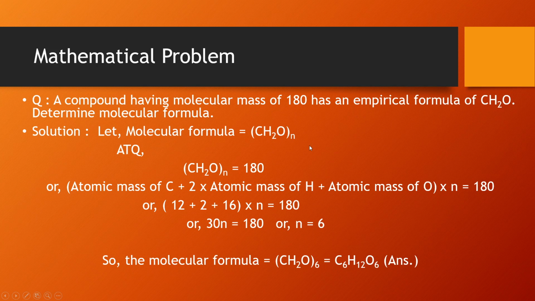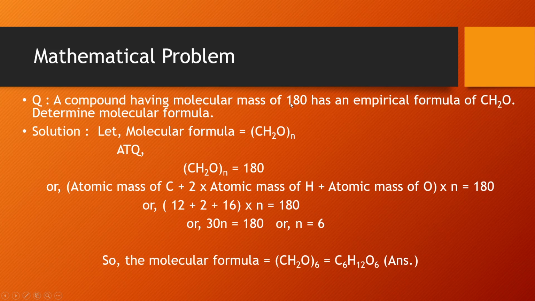Then we put the value of n outside the bracket, and by multiplying we will get the molecular formula. So this is the process to determine molecular formula from empirical formula.